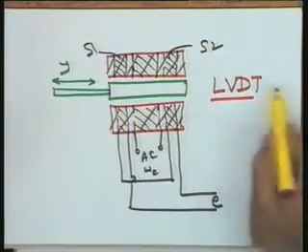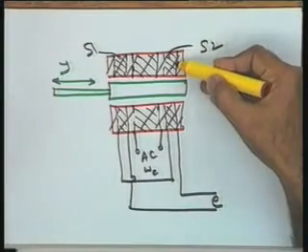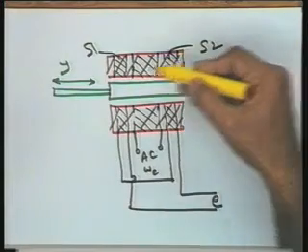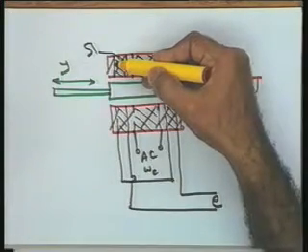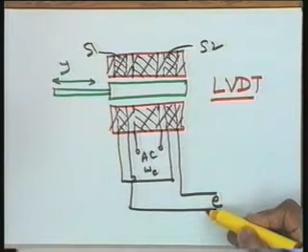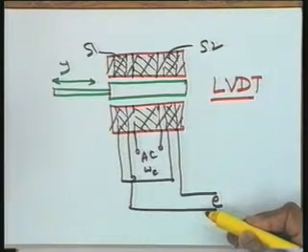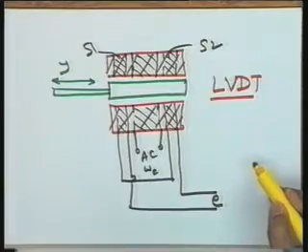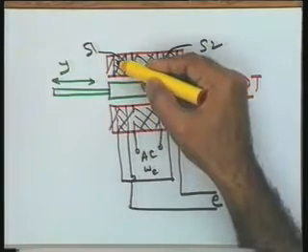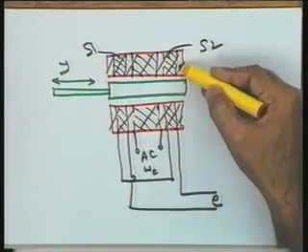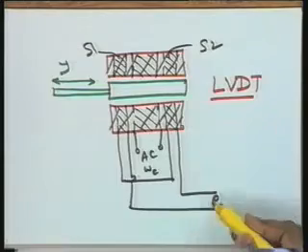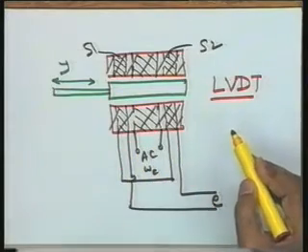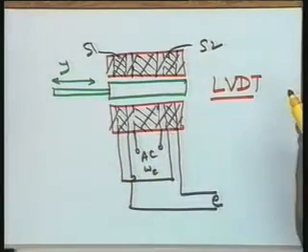Now take the core to the right: more flux lines are linked to S2 compared to S1, and therefore a voltage E of a certain polarity will appear over here. Take the reverse action, the core in the opposite direction: more flux lines are linked to S1 than to S2, and a voltage E will appear but of reverse polarity with respect to the earlier position.